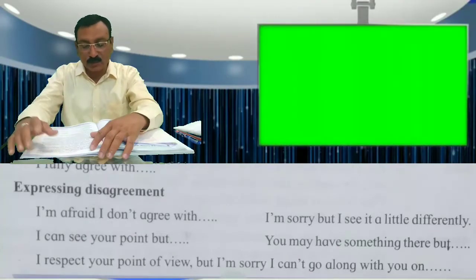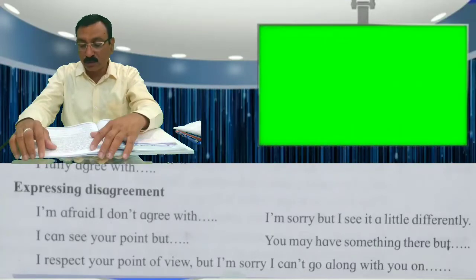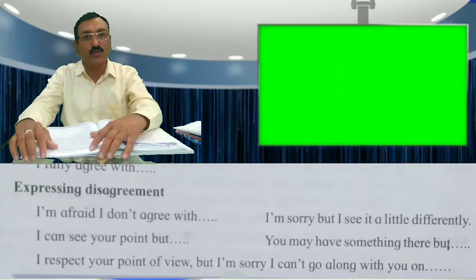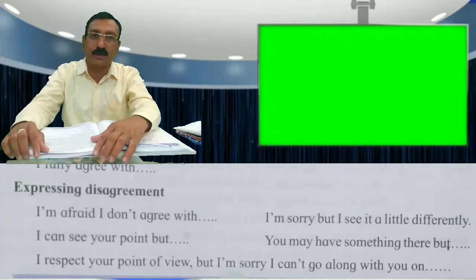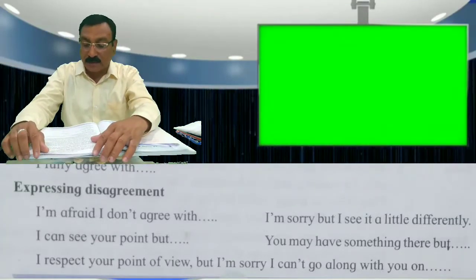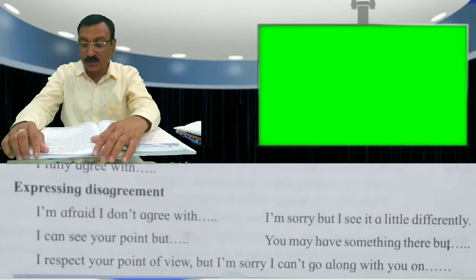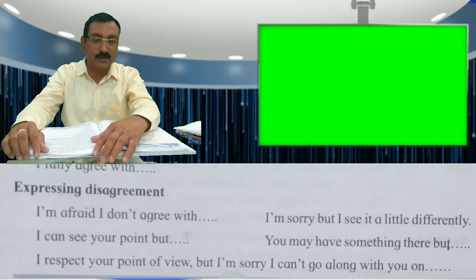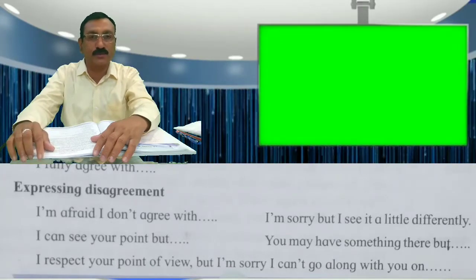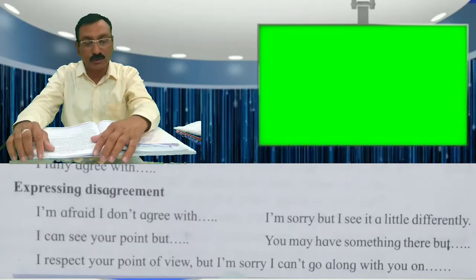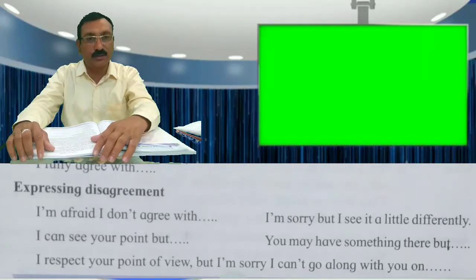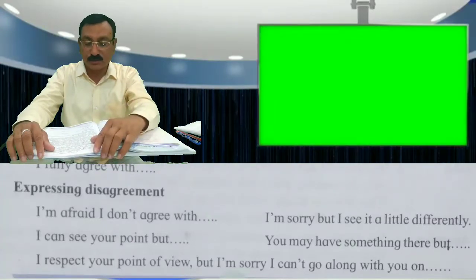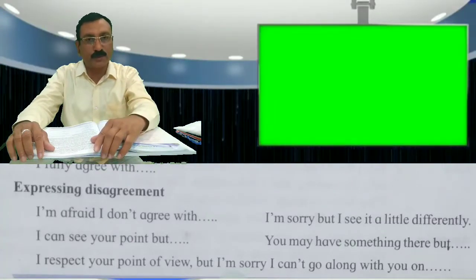Thirdly, I respect your point of view, but I am sorry, I can't go along with you on. So this is another way to express your disagreement with another participant. I am sorry, but I see it a little differently. This is the polite way to express disagreement.